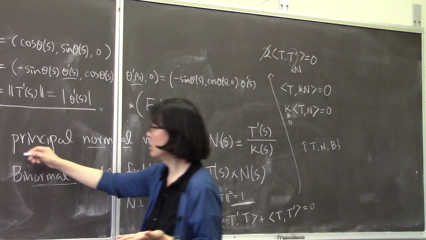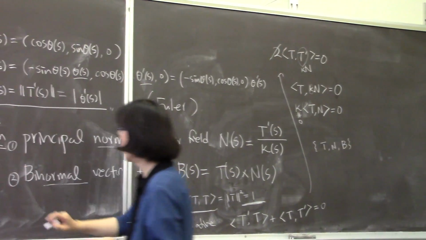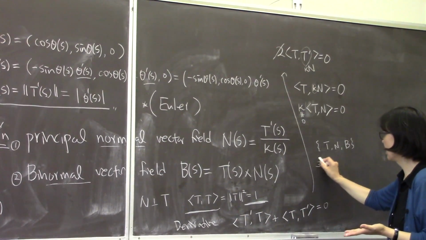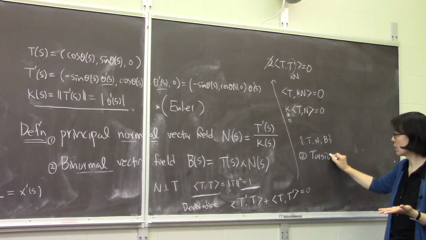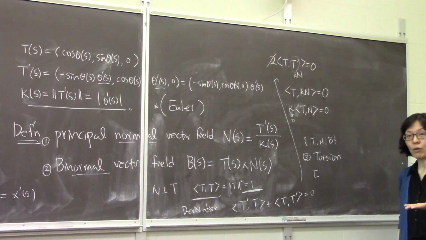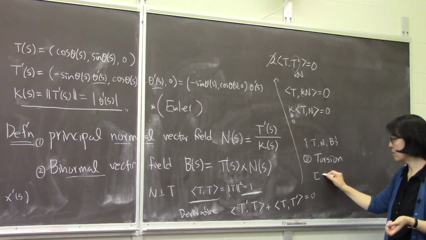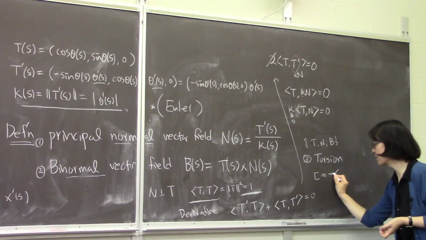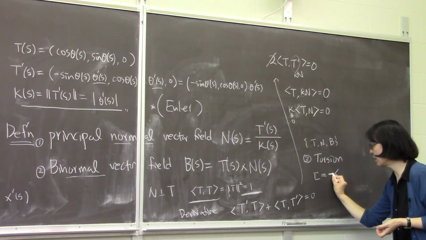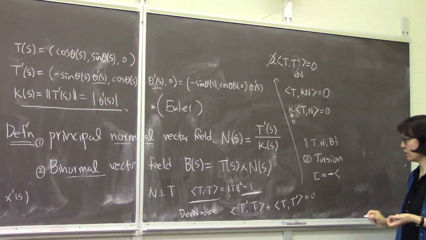Then we also define another one, the torsion tau. This is defined as minus the dot product of B prime and N. We will see the reason why we have a minus in the definition.